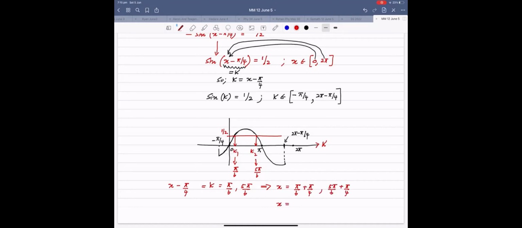X would be 10 pi divided by 24, comma, 26 pi divided by 24. You can simplify if you want a little bit. That would be 5 pi divided by 12, 13 pi divided by 12.